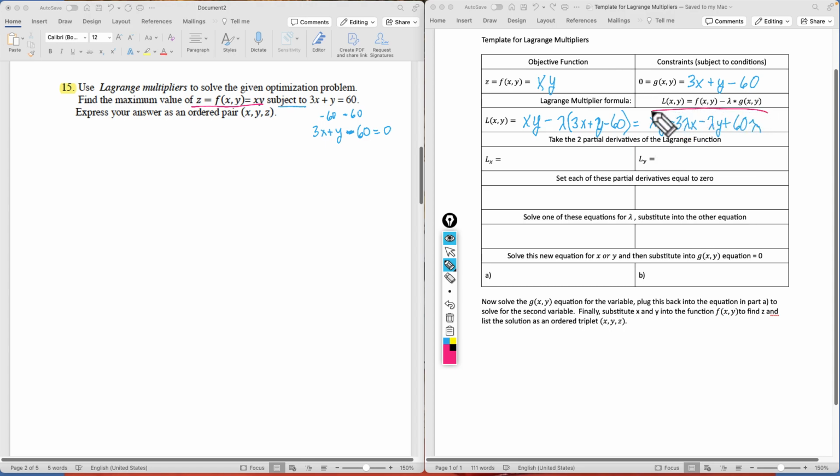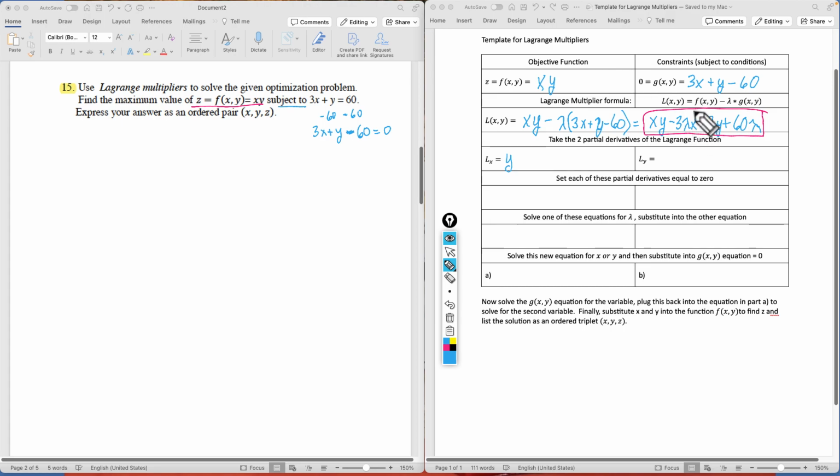So this is what we're going to focus on. That's what we're working with. And we're going to take the partial derivatives of the Lagrange function. I'll have to practice saying that a little bit more. The partial derivative with respect to x, we'll do that first. So xy, when we take the derivative with respect to x, we get 1. The y is a constant, so we get 1y. We'll just write down y. The next term is negative 3 lambda x.